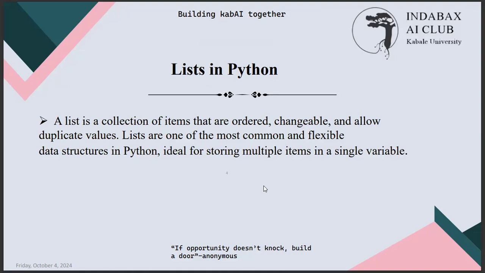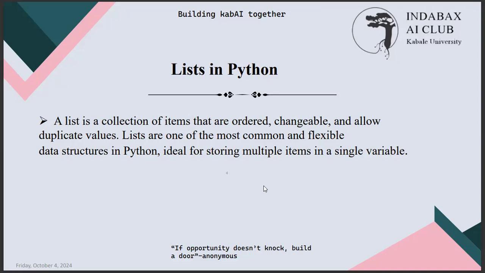Lists are one of the most common and flexible data structures in Python, ideal for storing multiple items in a single variable. So we are going to consider a list to be a single variable, but storing more than one element, other than the normal variable which we know.